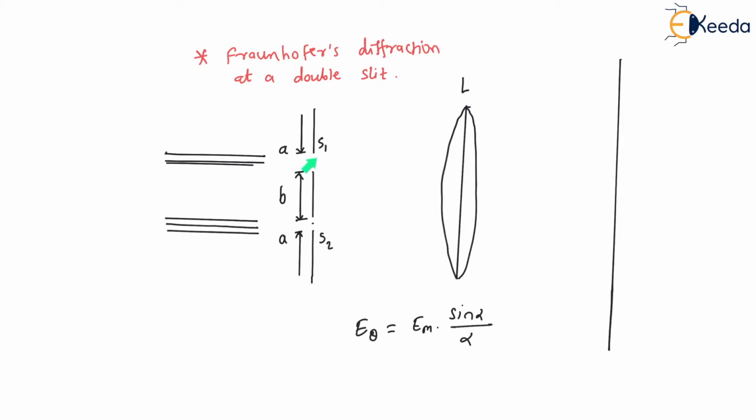We simply replace all the secondary wavelets by a single wave starting from this point S1, where we have assumed S1 is the midpoint of the first slit. So instead of drawing all the rays, we will draw only a single ray over here.